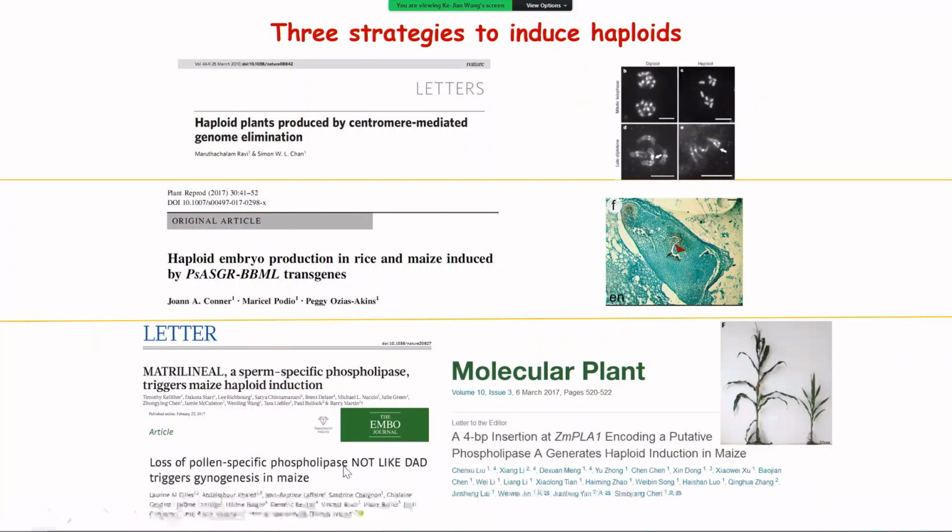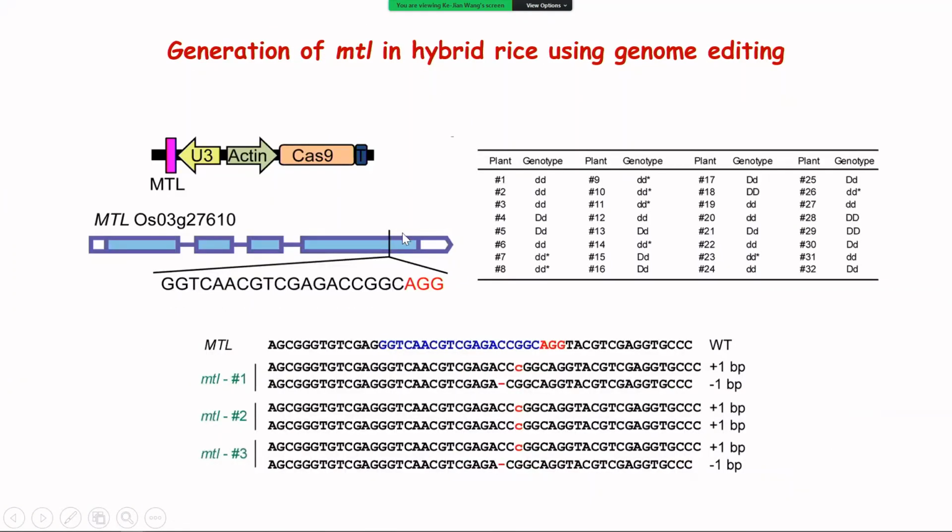Because the second strategy needs ectopic expression of BBM genes, and this method only needs a mutation of one gene, we tested this possibility in rice. The homologous genes of MTL also exist in rice. We therefore edited the candidate gene to test the feasibility of haploid induction in rice.